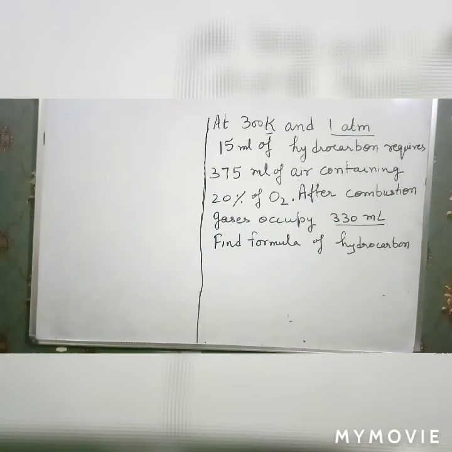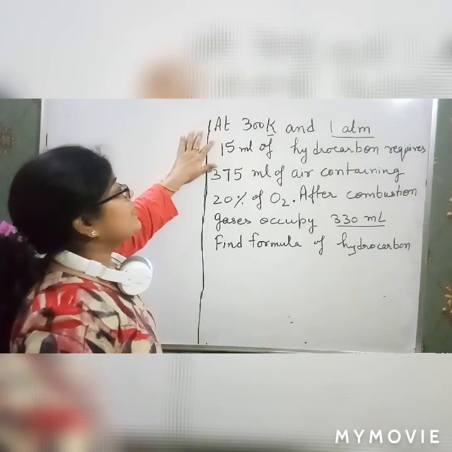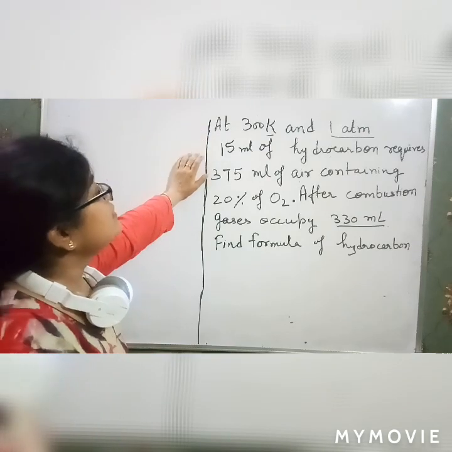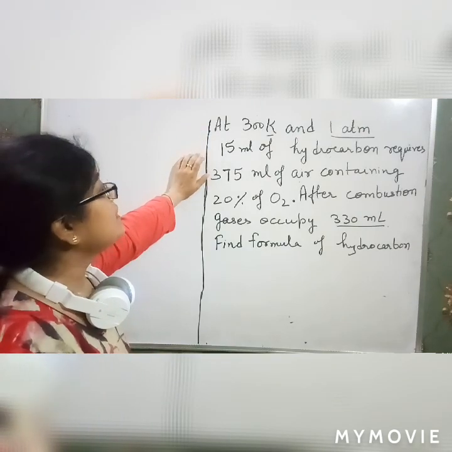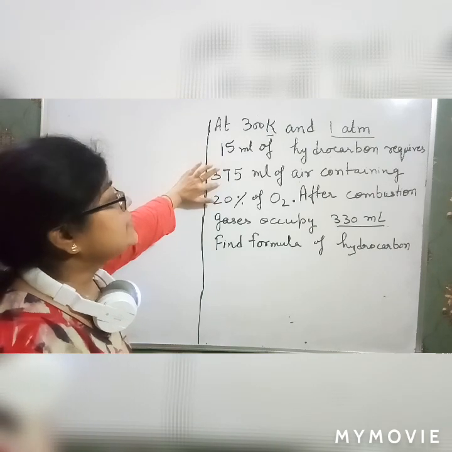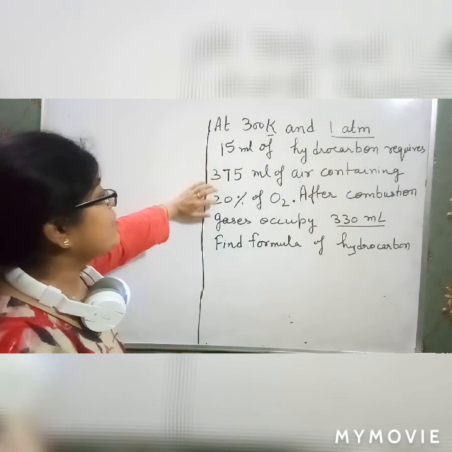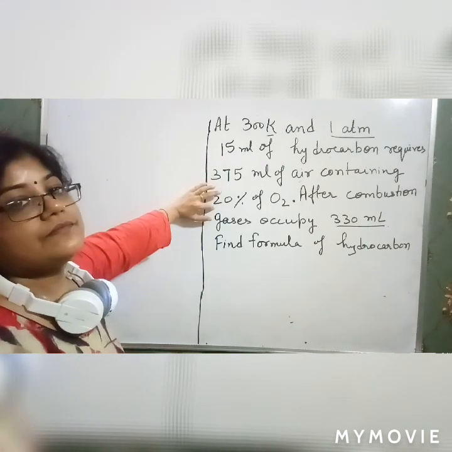We can see another question on our blackboard. It is given in the question that at 300 Kelvin and 1 atm pressure, 15 ml of hydrocarbon requires 375 milliliter of air for the combustion, in which we have 20% of oxygen.